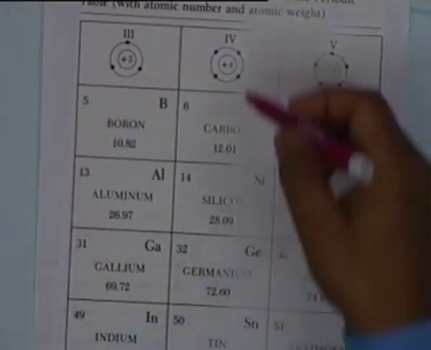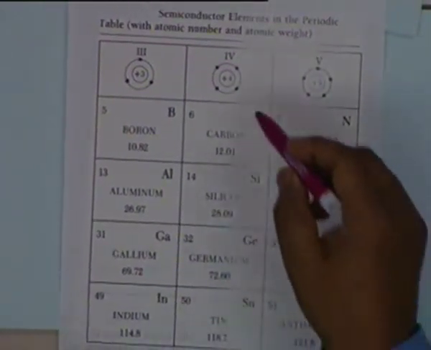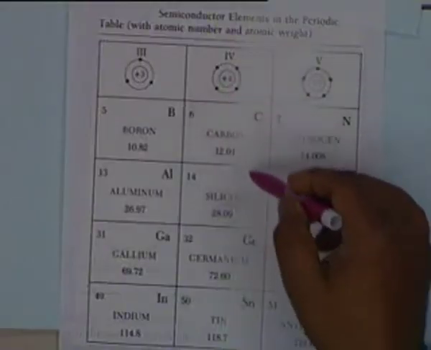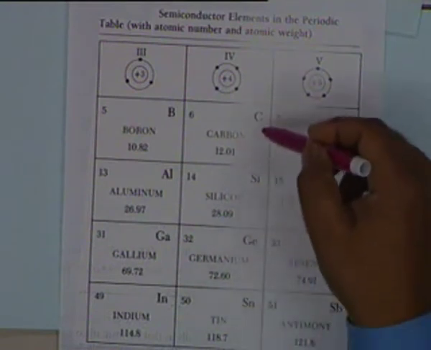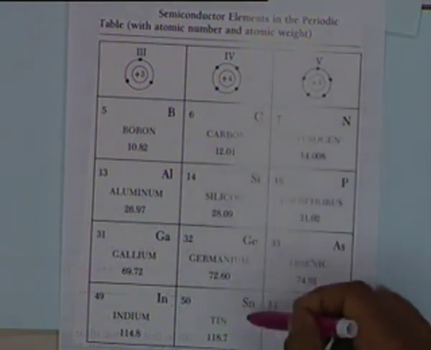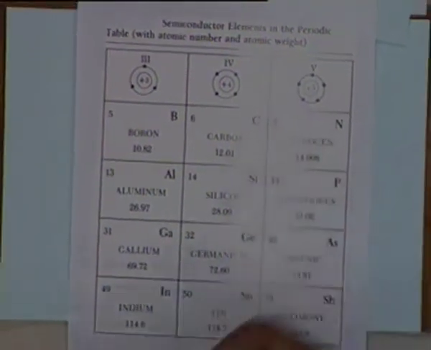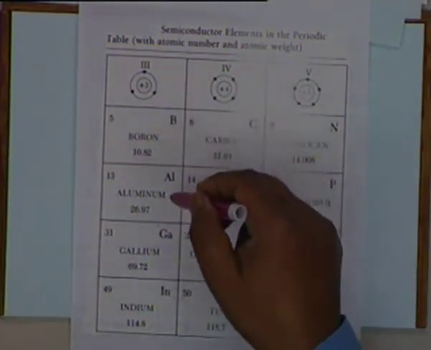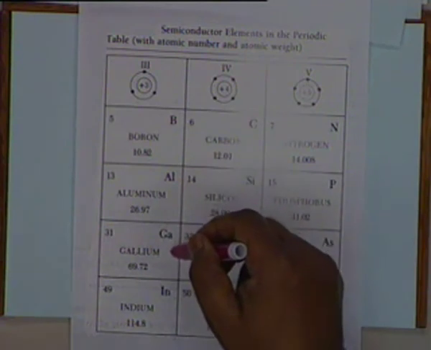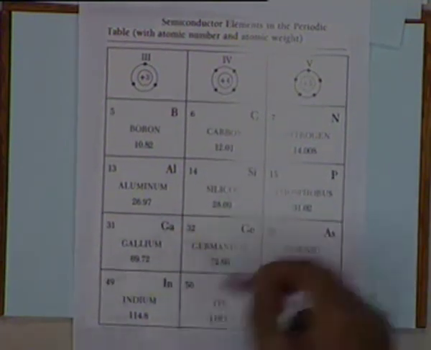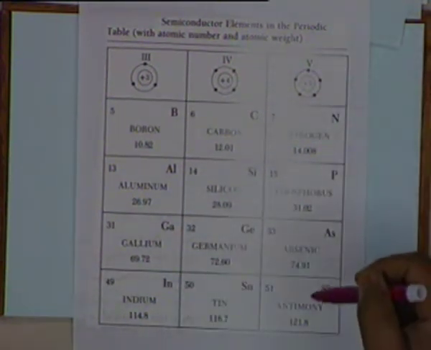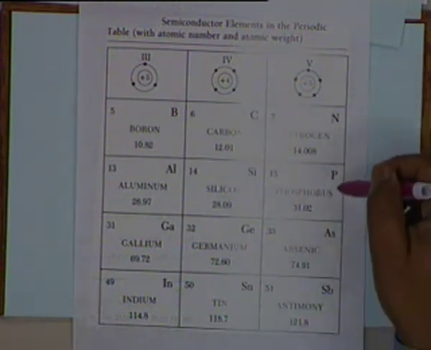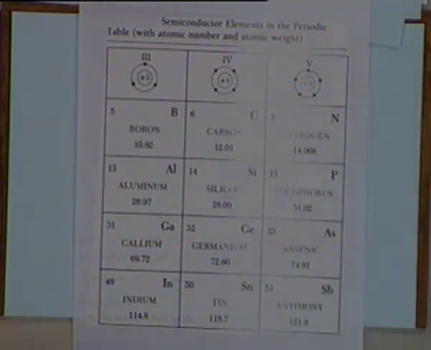Can you see this? This is the 4th column, and silicon is here, germanium is here. There are other candidates, carbon, tin, both of them can act as a semiconductor. Now, the trivalent impurities are boron, aluminum, gallium, indium, whereas pentavalent impurities, candidates are nitrogen, phosphorus, arsenic, and antimony.